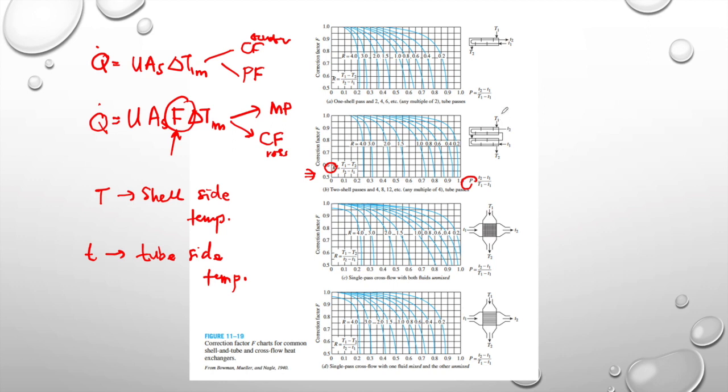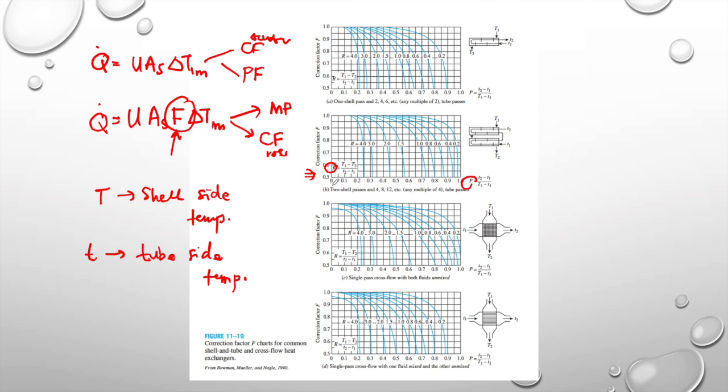So uppercase T1 is the inlet temperature for the shell side, and lowercase t1 is the inlet temperature for the tube side. That is the equation that will be used to find the correction factor. After you get the R value and P value, you have to refer to this figure.